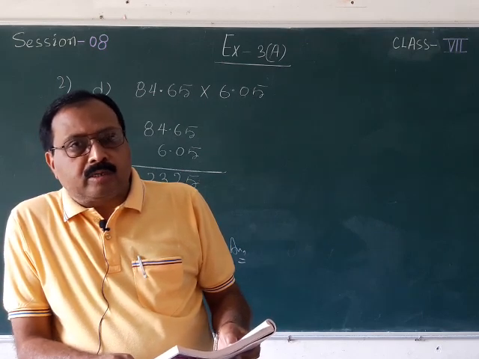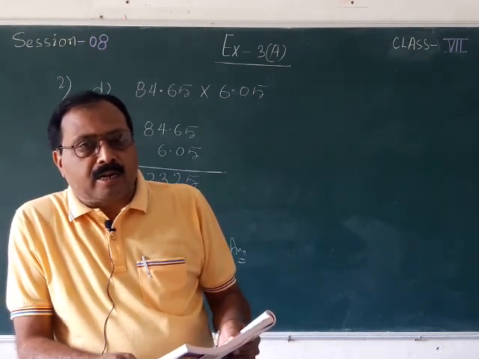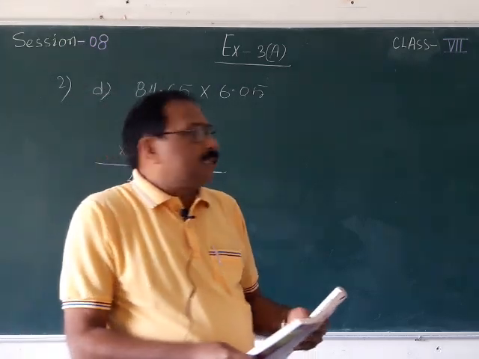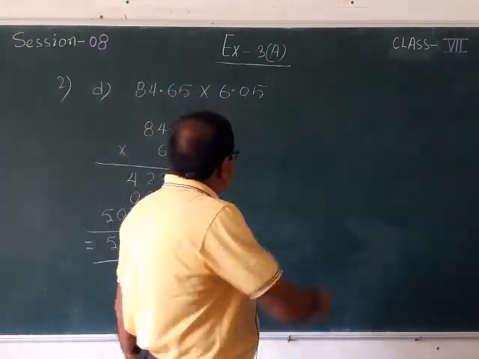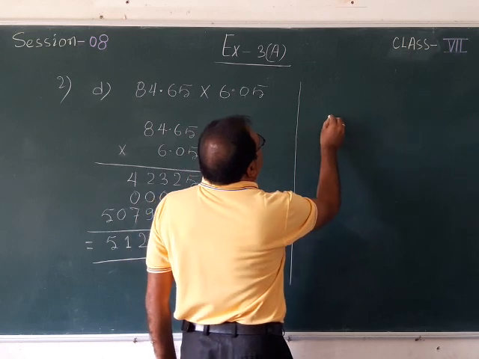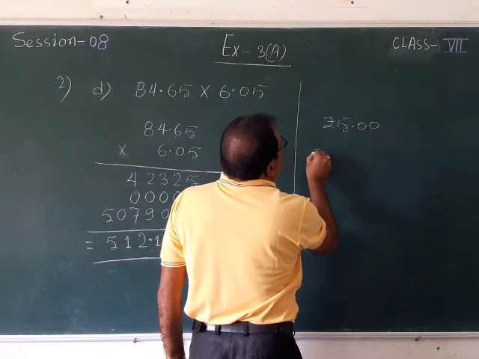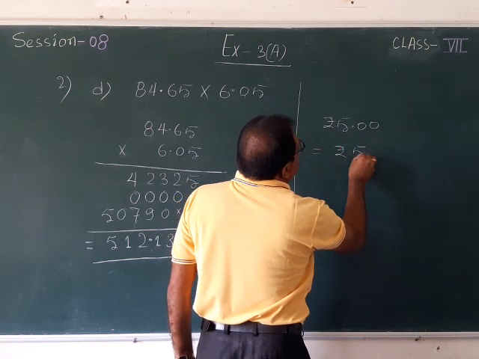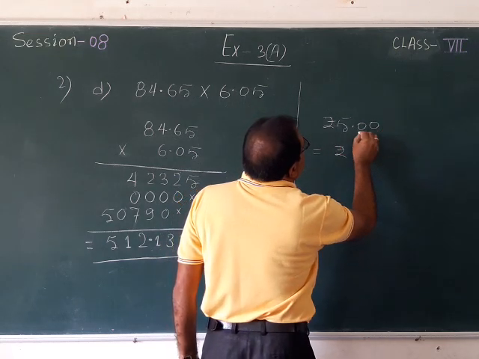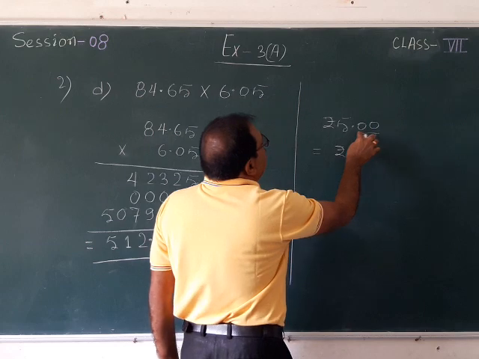Then putting a decimal after the digits is meaningless. As you are all aware, when I write rupees 5.00, it is equivalent to rupees 5 itself. The 0 is meaningless here, so there is no need to write 0.